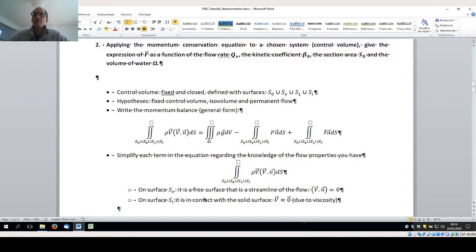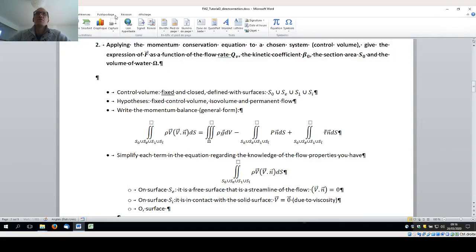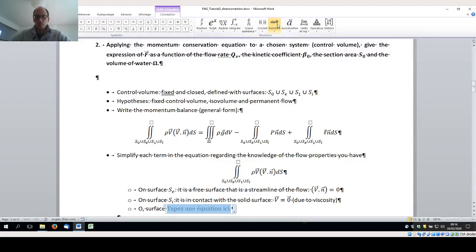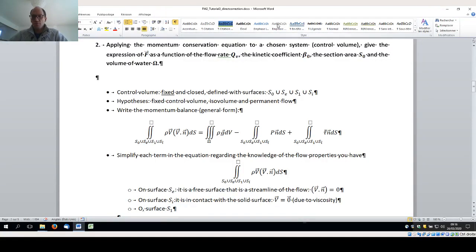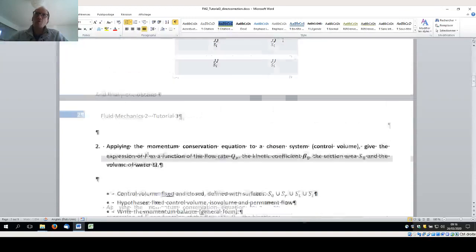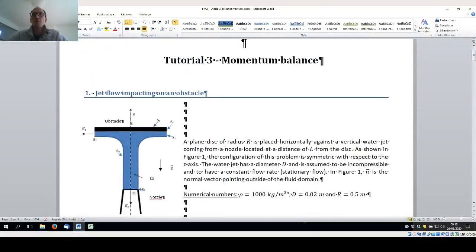On surface S1, the flow is getting out, like here.